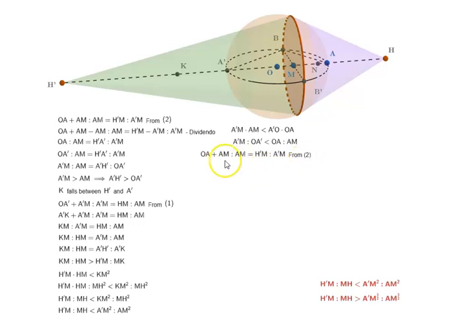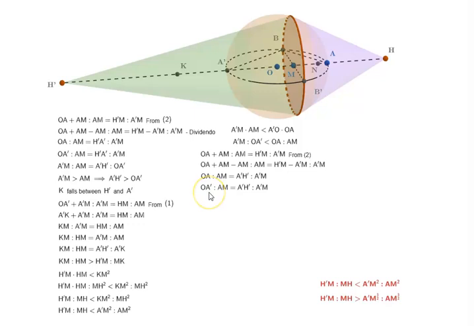Now from 2 we have OA plus AM is to AM equal to H prime M is to A prime M. Now if we carry out dividendo, we get OA plus AM minus AM is to AM equal to H prime M minus A prime M is to A prime M, which gives us OA is to AM is equal to A prime H prime is to A prime M, because H prime M minus A prime M gives us A prime H prime.